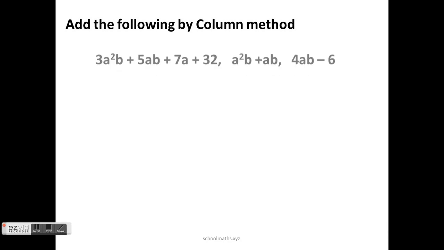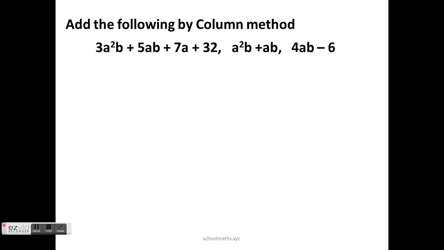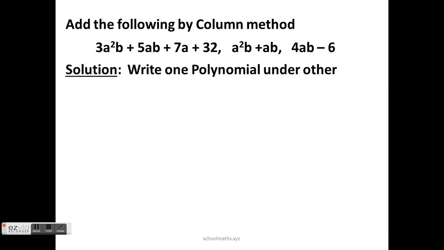One more. This is also by column method because one more method is there. So today we are learning only column method. First write the first polynomial. Written. Now write the second polynomial under this carefully. A square b will come under a square b, ab will come under 5ab.